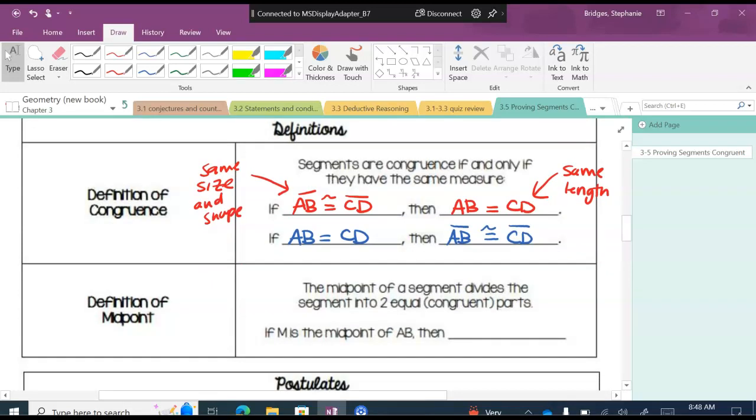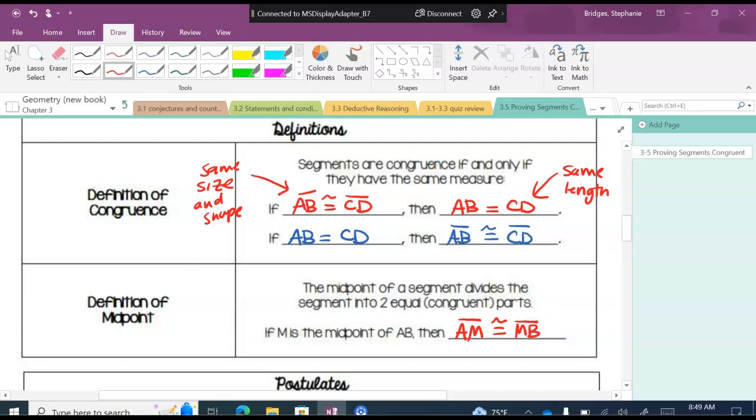All right, then another definition that we can use in our proofs is called the definition of midpoint, okay? The definition of midpoint says we can divide a segment into two congruent segments. So if M is the midpoint of AB, then we can say that segment AM is congruent to segment MB.